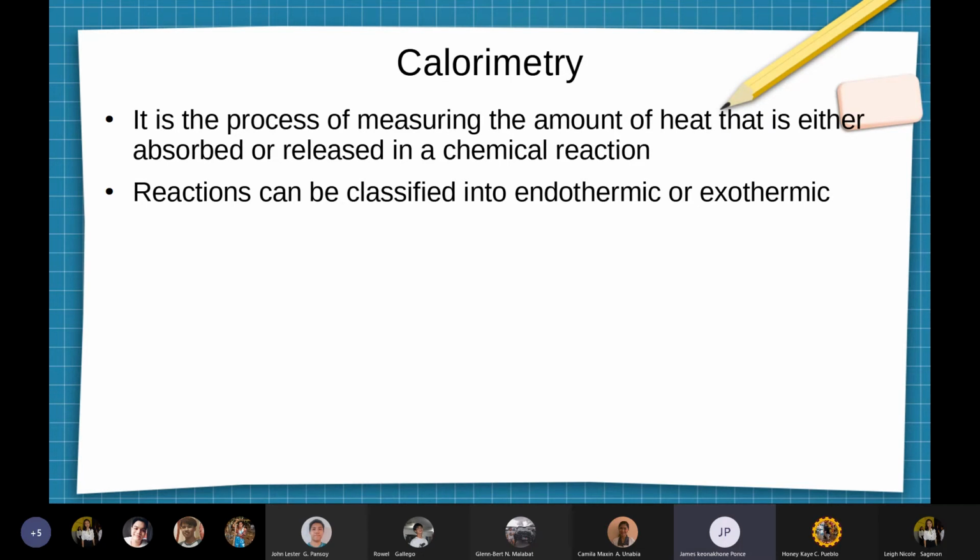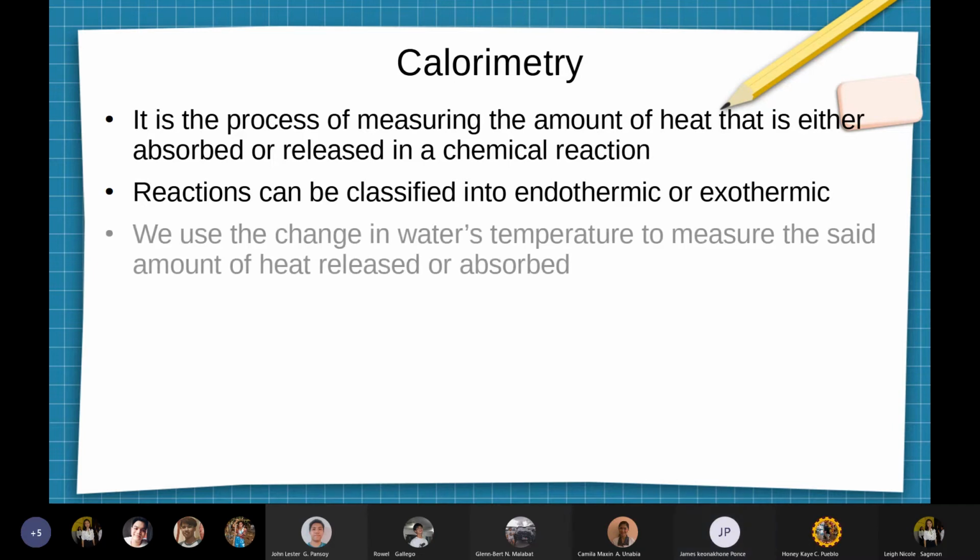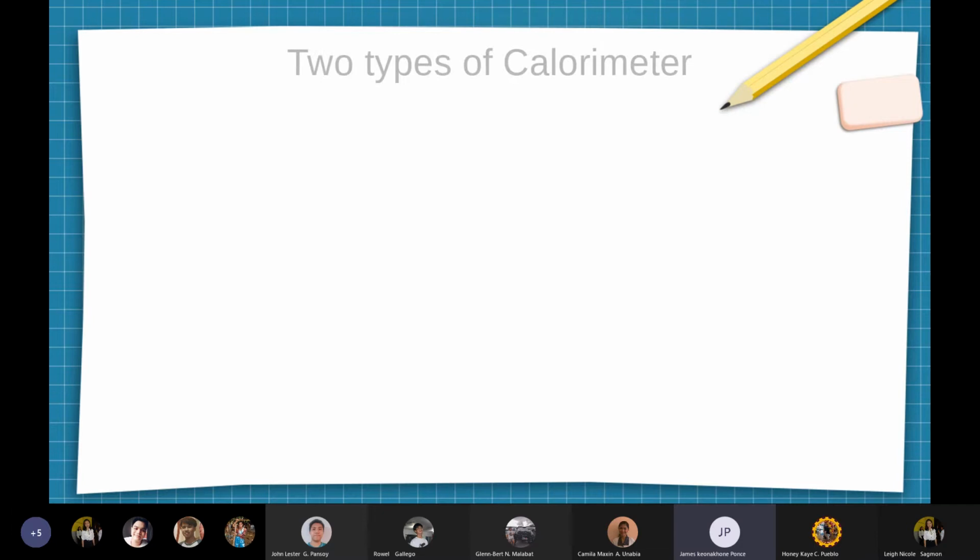Exo means releasing heat, which you can remember by the term exit, exo. We use the change in water's temperature to measure the said amount of heat released or absorbed. So to do this, we need to build a calorimeter, of which there are two types.